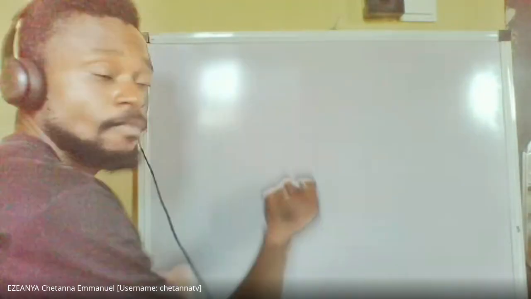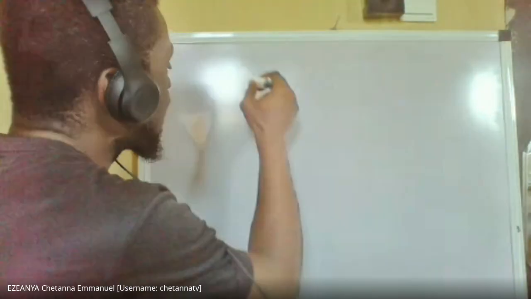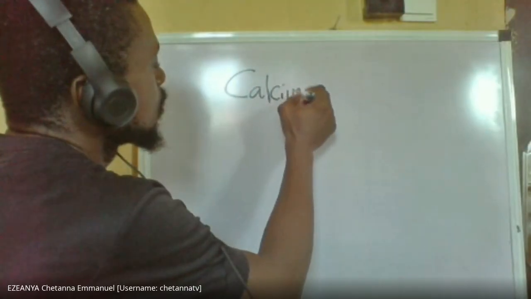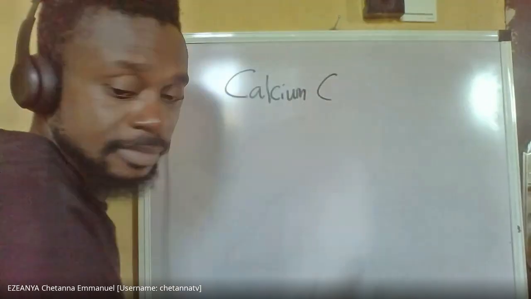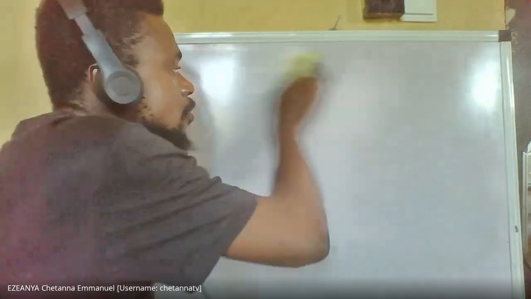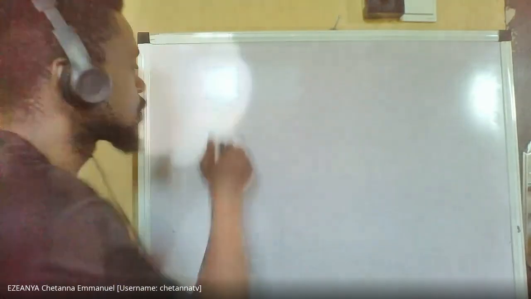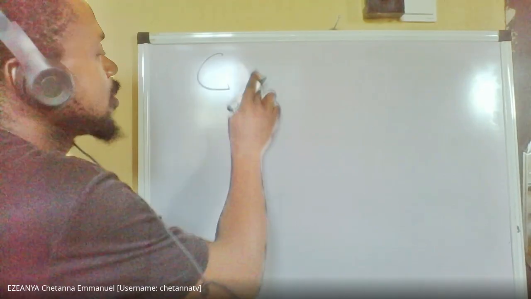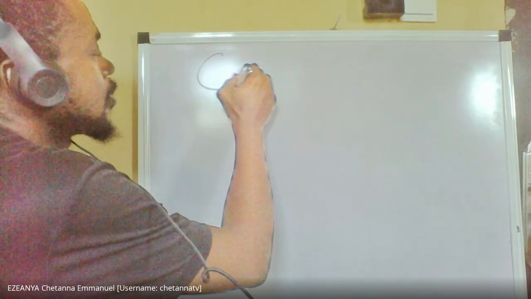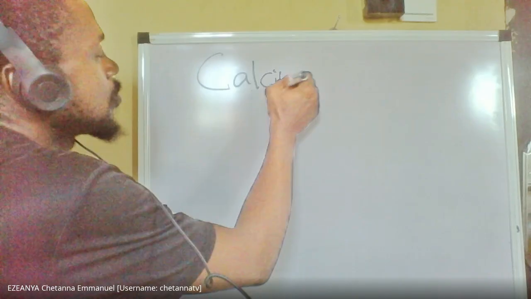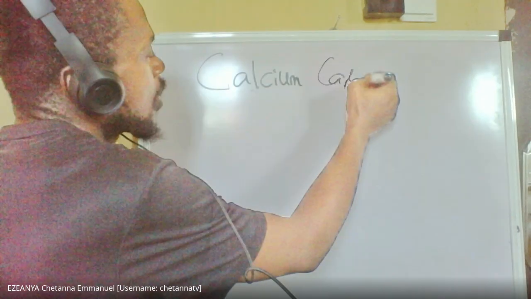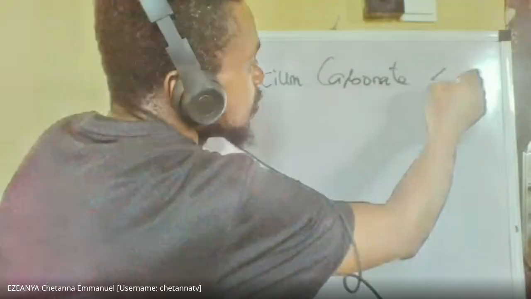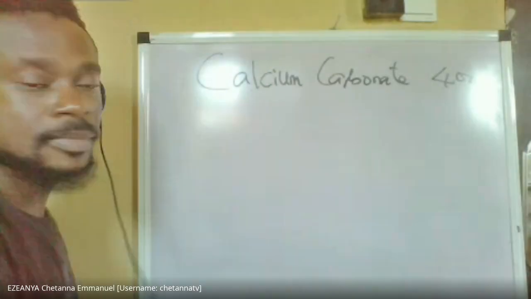Now, the first one here is calcium carbonate, 400 grams.